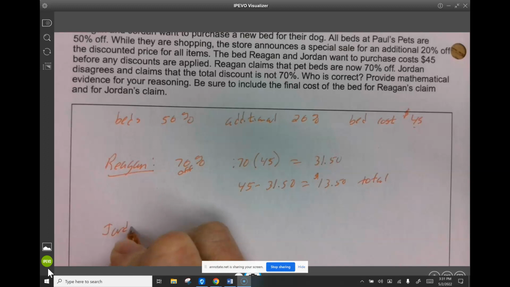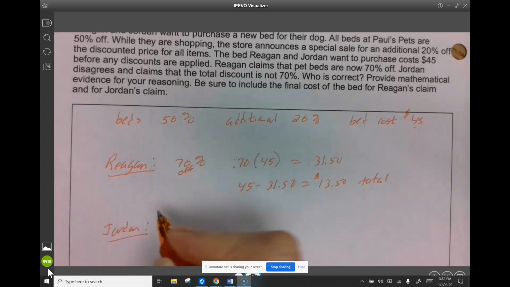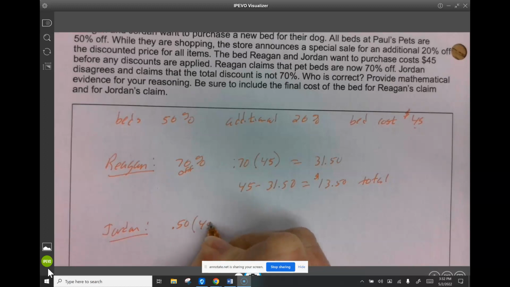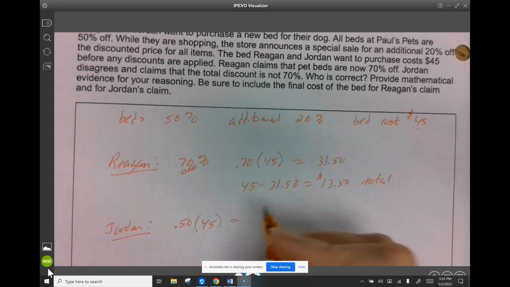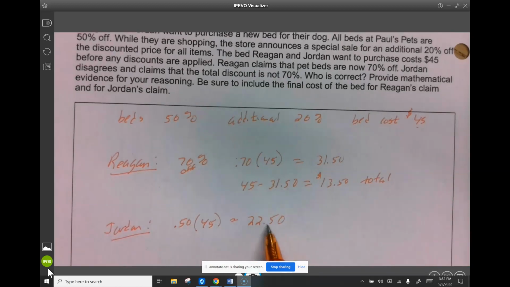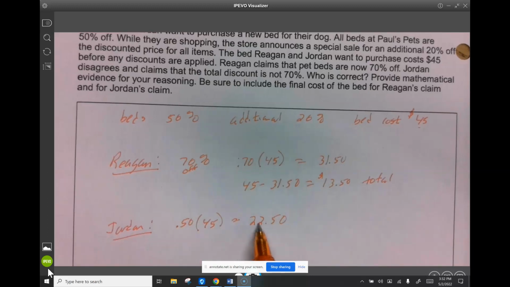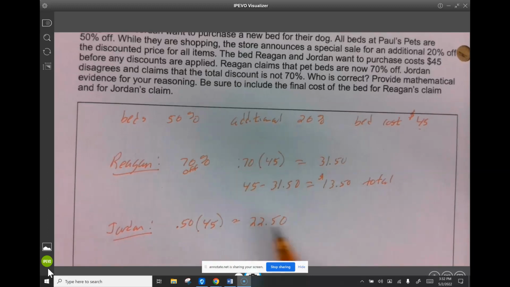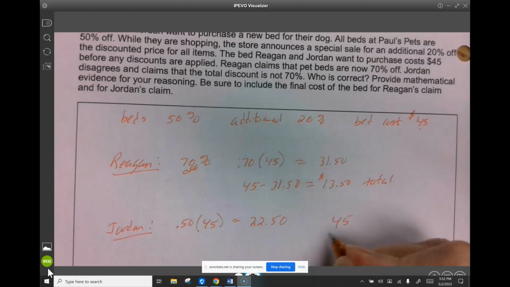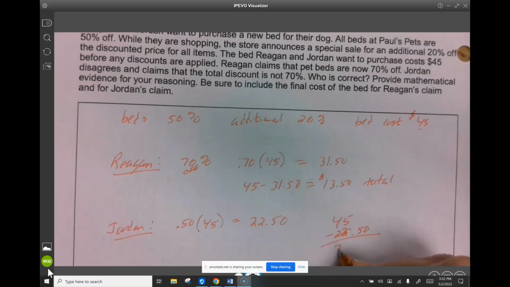Jordan, on the other hand, says no, that's wrong. So he takes 50% off. So that's 0.5 times 45, which gives $22.50. That also would have been the cost the other way too. So this is our cost now, but if I subtract it from 45 and do it all out, notice I get $22.50.